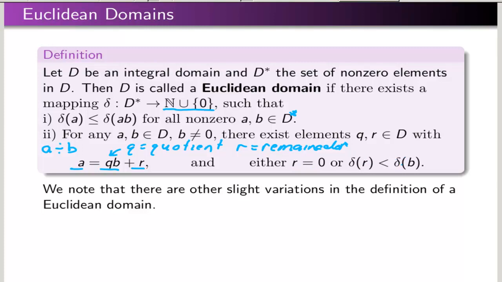So why did I have to work with this function delta? It's because the integral domain itself may not be an ordered set. So what would it mean to say one element of D is smaller than another?